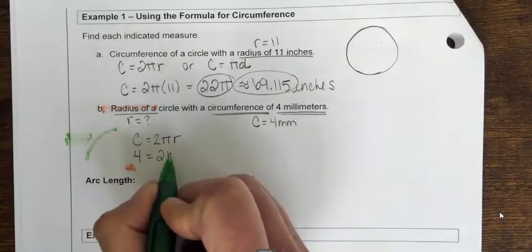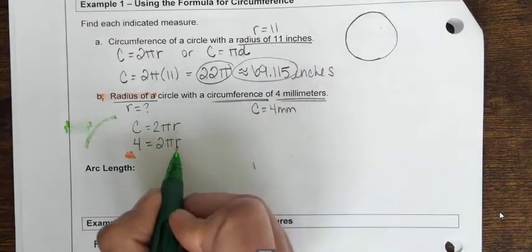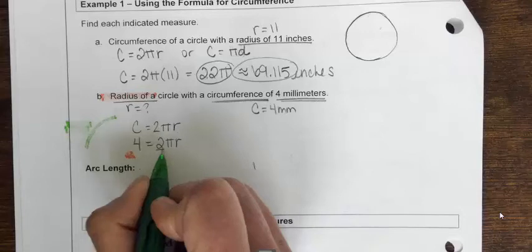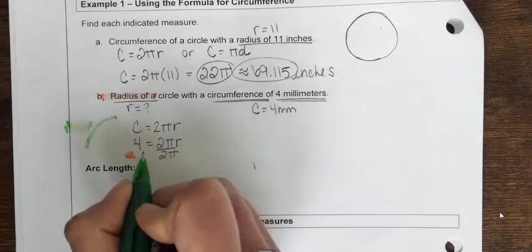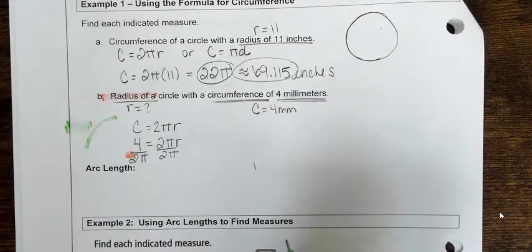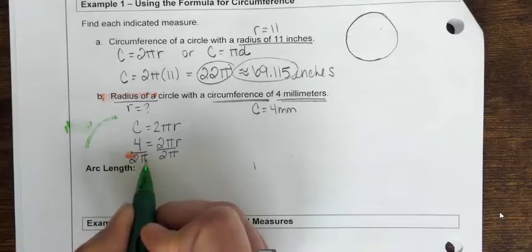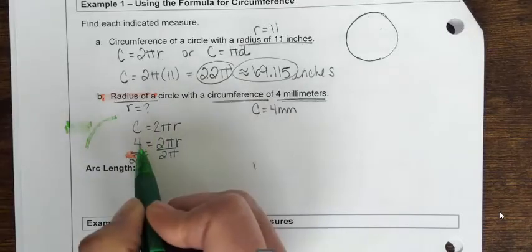I'm going to put 2 pi r here, and now I'm going to solve for radius. Well, radius is being multiplied by 2 pi, so I'm going to divide both sides by 2 pi. From there, see how the 2 and the pi are factors in the denominator? And 4 also has a factor of 2.